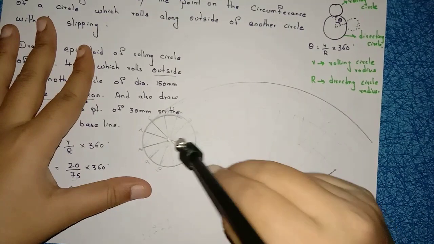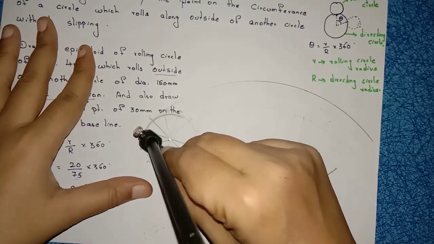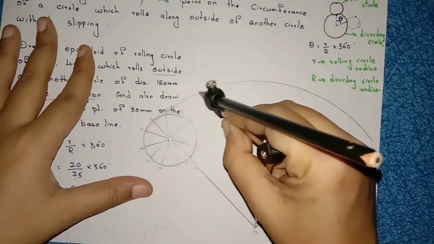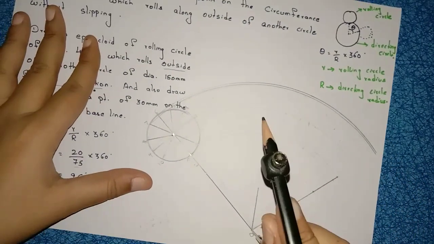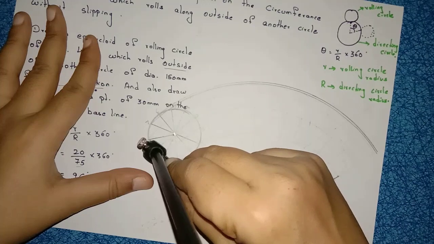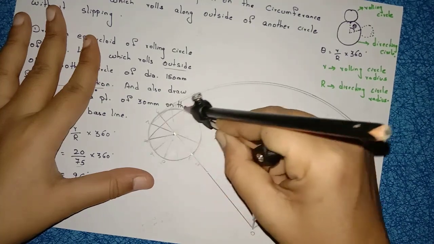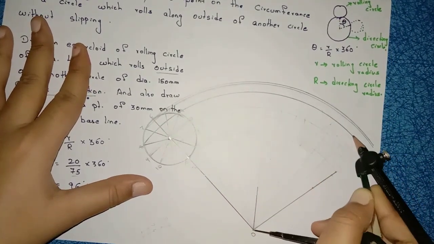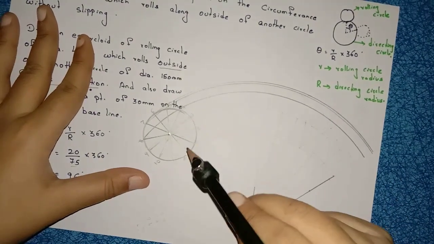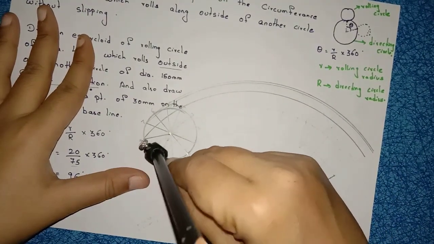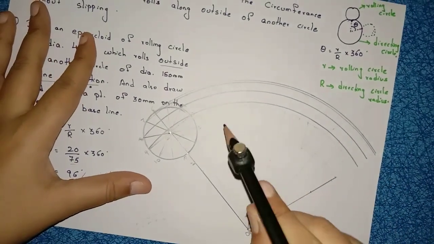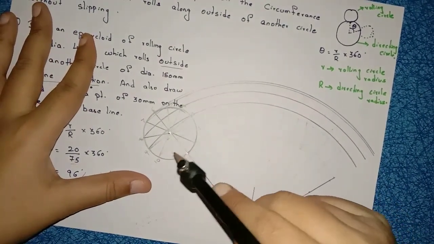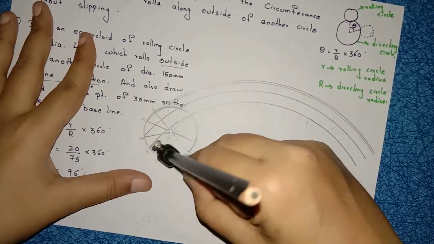Right, then next join this 7 and 5. Keep your protractor there only, join 7 and 5 and draw the curve. Then next join this 8 and 9, draw the curve. Then next join this 3 to 9, draw the curve. Keep your protractor here only at point O. Then join this 10 and 2.